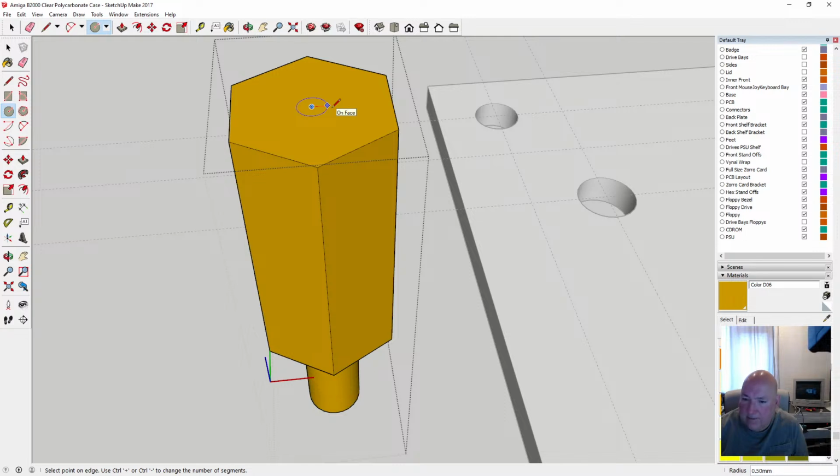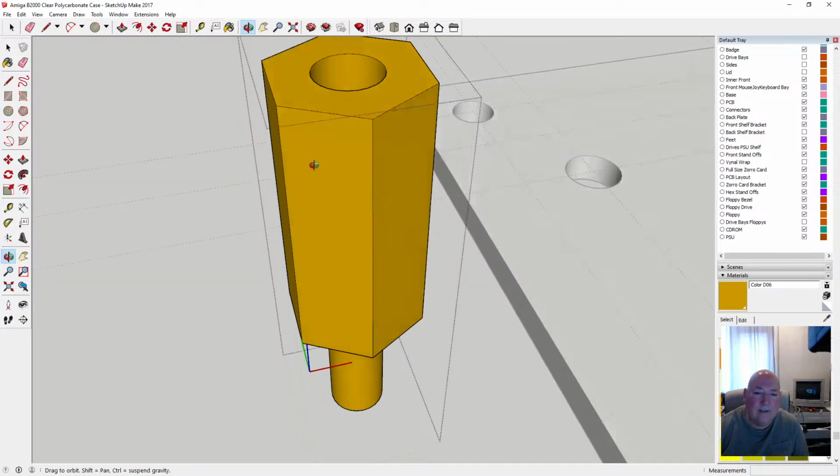There's 1.25, which gives us 2.5 mil, and we come down. How far do we go down? Not all the way. So we're 11 mil, so let's go down 8 mil. Right, okay, that's good.